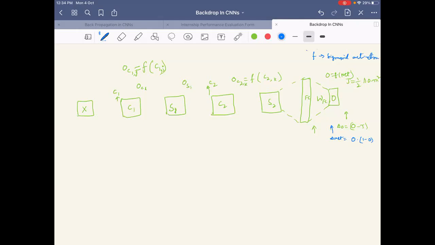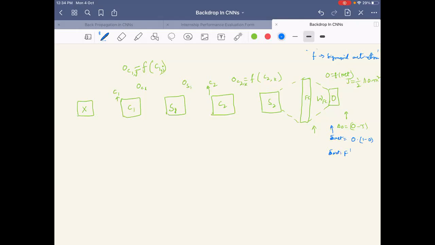Okay, so for any other activation also you can write this. In fact, delta F is nothing but F dash. You have to write here small delta net, and here delta net is equal to F dash, right?